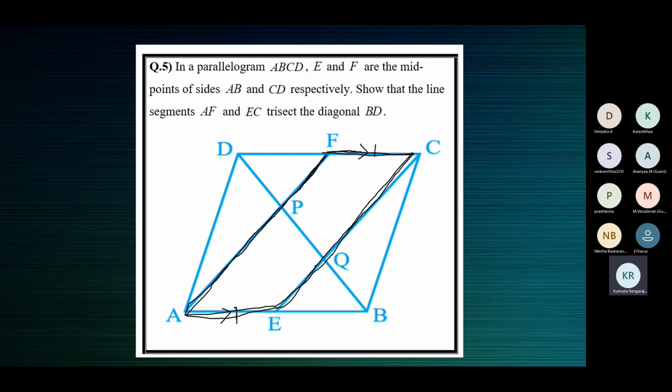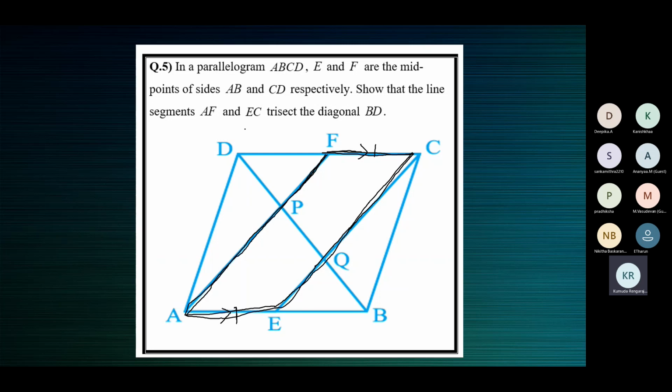So it's a parallelogram. Now, AE is a part of what, children? AE is a part of which line segment? AB, ma'am. AB, very good. AE is a part of AB. And CF is a part of which line segment? CD.